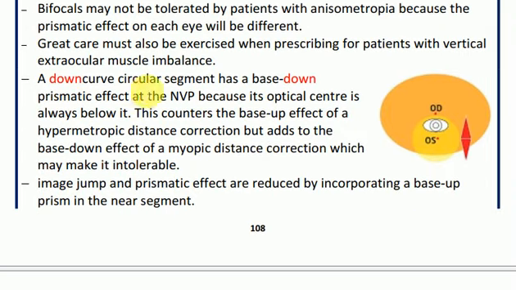A down curved circular segment has a base down prismatic effect at the NVP because its optical center is always below it. This counters the base up effect of a hypermetropic distance correction, but adds to the base down effect of a myopic distance correction, which may make it intolerable.